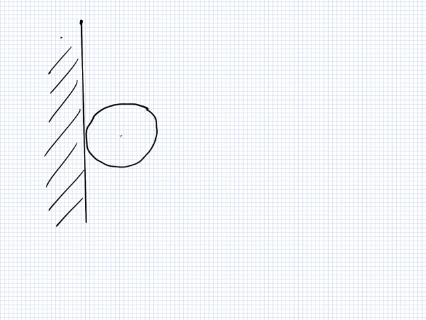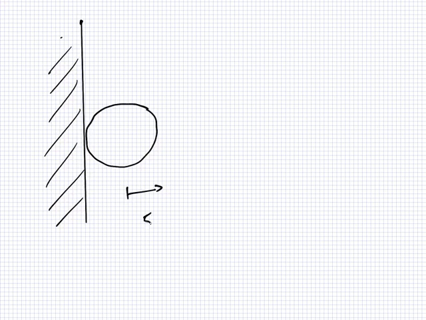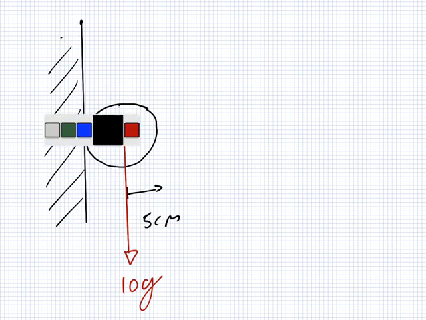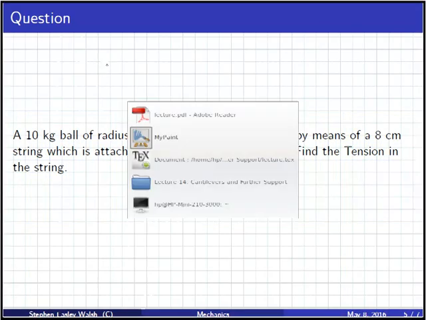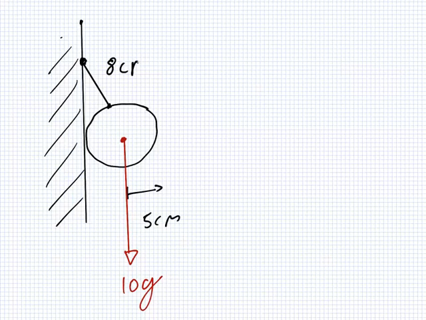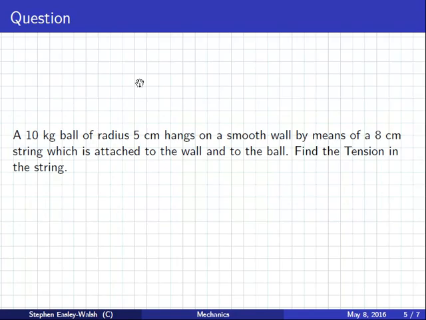This is, what did I say? 5 centimeters, yeah. And the force here is 10g. And it hangs by a string on the wall like this. And this is 8 centimeters. And my question is, what is the tension in the string here?